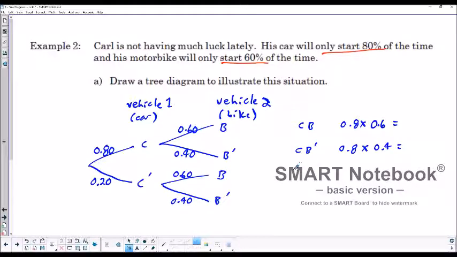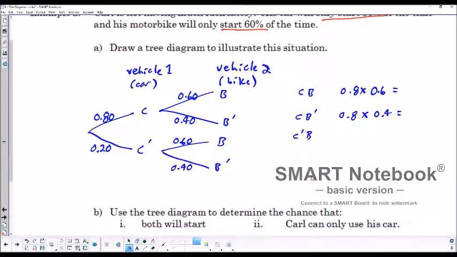And then we've got the car not starting and the bike starting, so that's 0.2 multiplied by 0.6. And then we've got neither the car starting nor the bike starting, which is 0.2 by 0.4. And then we multiply those together.